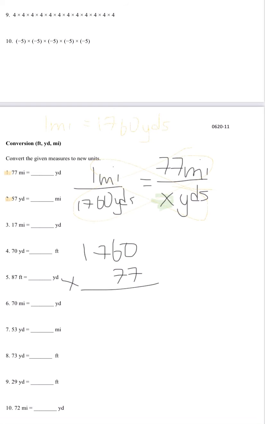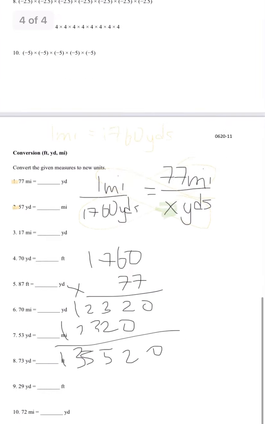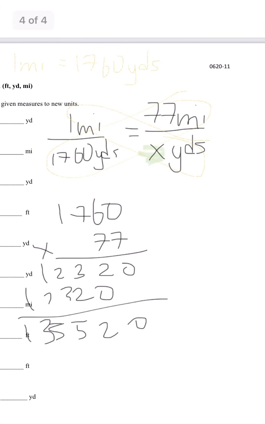And when we multiply 1,760 times 77, we get 135,520.